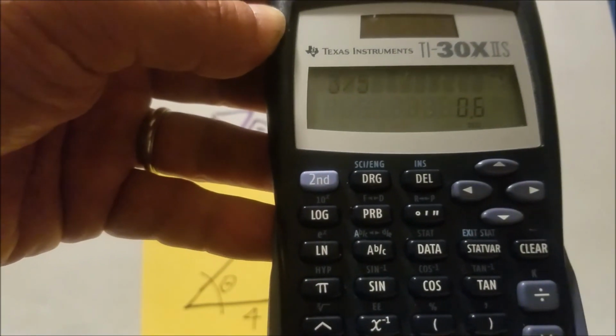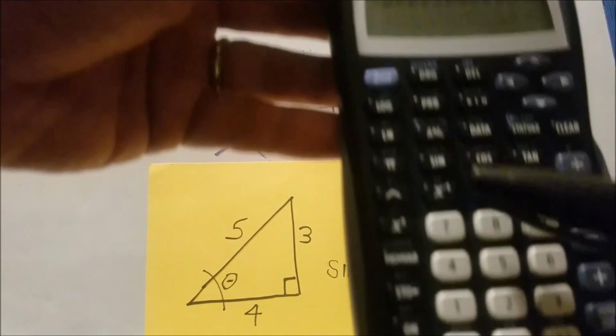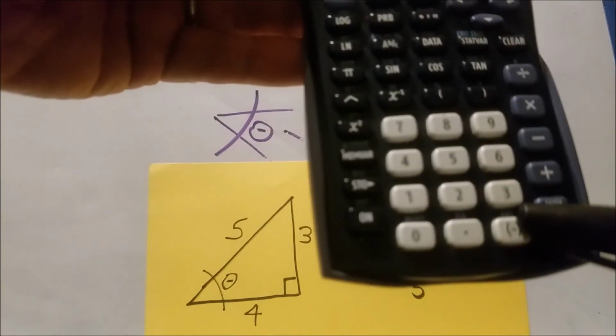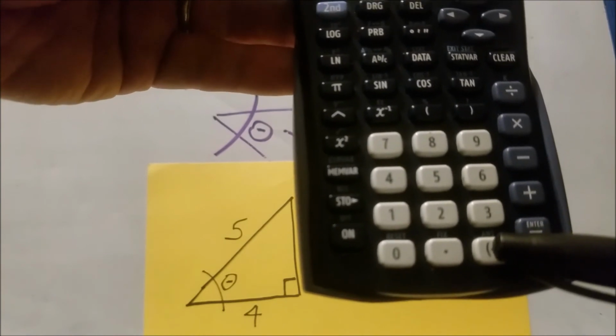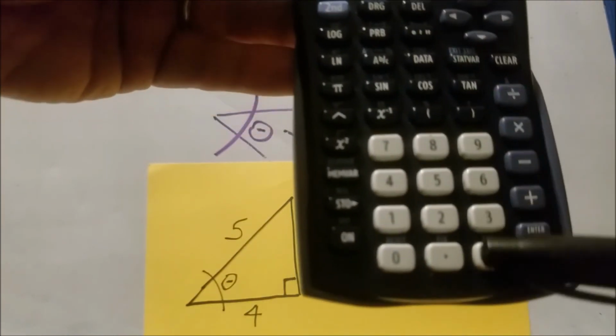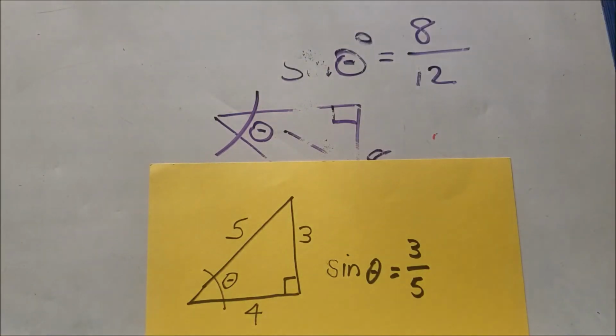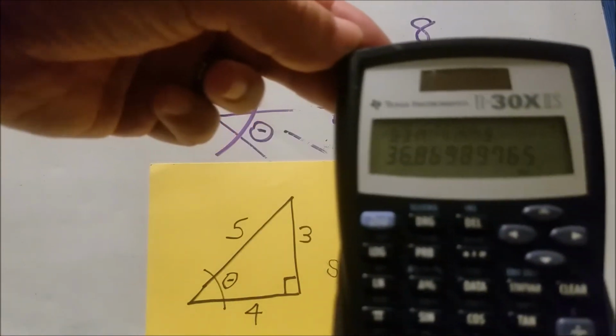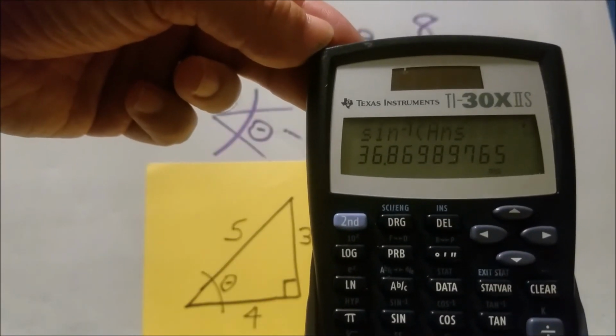So what I can do is second sine, and then I can do second answer, because it already has 0.6 stored in it. Second sine, second answer. Press that in. If you do that, you'll get the same answer we got before: 36.869.